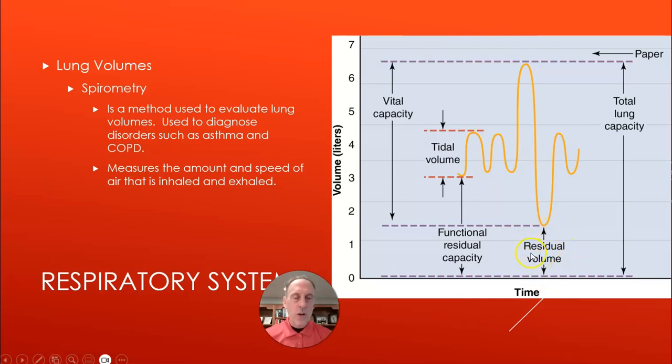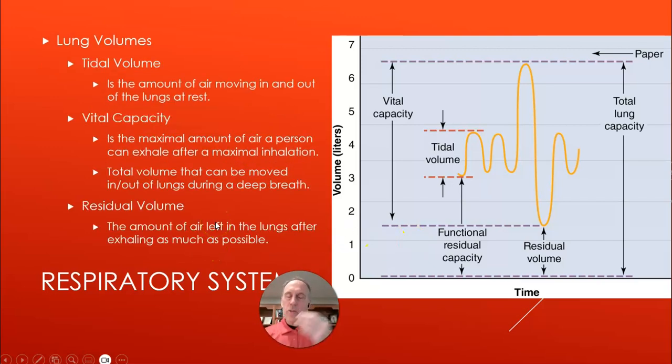That's the residual volume. So even though you might have a total lung capacity of 6.8 liters, when you fully exhale, you still have some leftover air in your lungs. Those are the things you have to think through while looking at this chart, and think through the breathing mechanics you have when you're either at rest or working out.